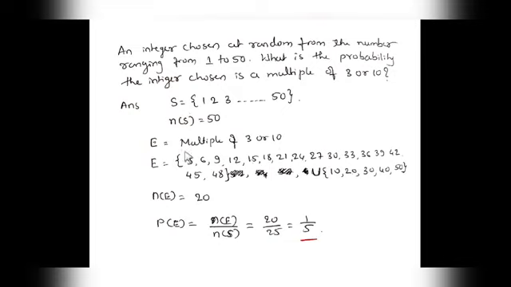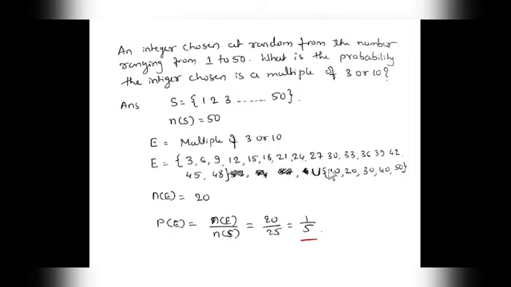Event E is multiple of 3 or 10. Multiples of 3 between 1 to 50: 3, 6, 9, 12, like this way. Union, multiples of 10: 10, 20, 30, 40, 50.